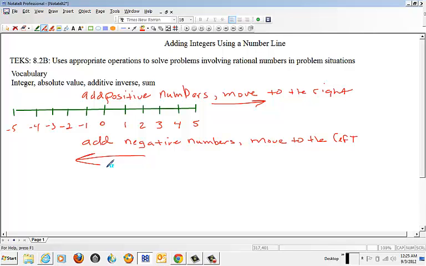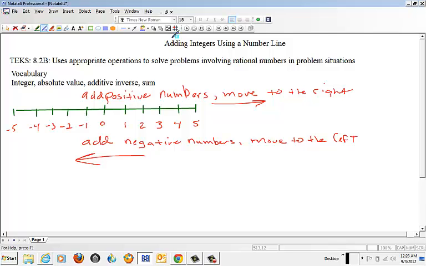So those are the basic concepts with adding on a number line. If you're adding positive, you move to the right, and if you're adding negative, you're moving to the left. Let's take one example, because we're not going to spend a lot of time on this concept. We're going to move on to the rules.